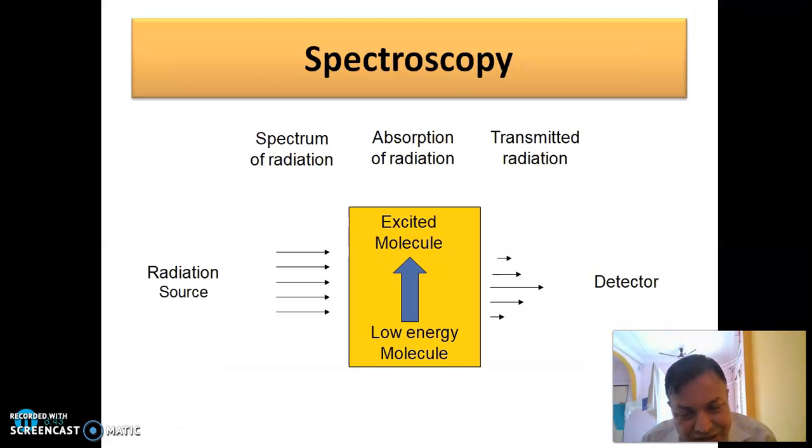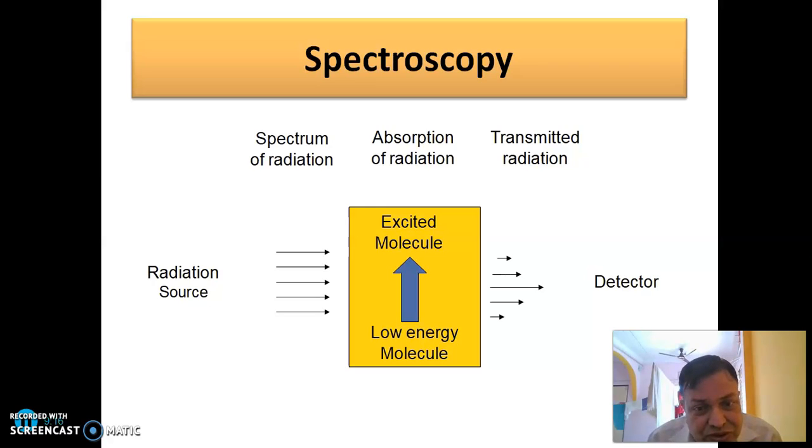This is the basic principle of spectroscopy. Three things we are using in this: radiation source, detector, and sample holder. The radiation source we can change as per need: UV, IR, radio frequency, microwave, visible, whichever we want, to make a spectrophotometer.